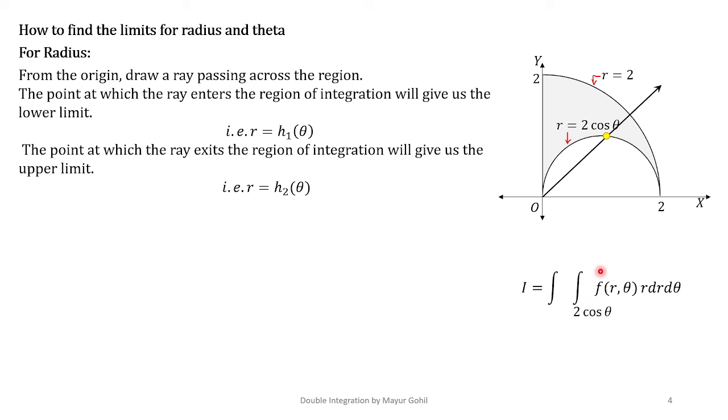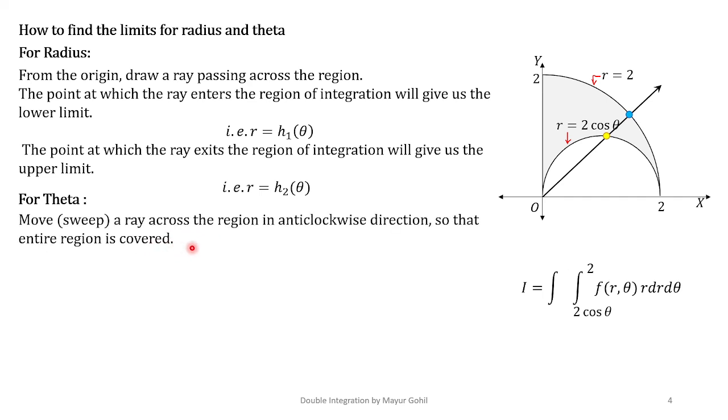The point at which the ray exits the region of integration will give us the upper limit, r equal to h2 of theta. Here it exits at this blue dot, where the radius equation is r equal to 2, so the upper limit is 2.